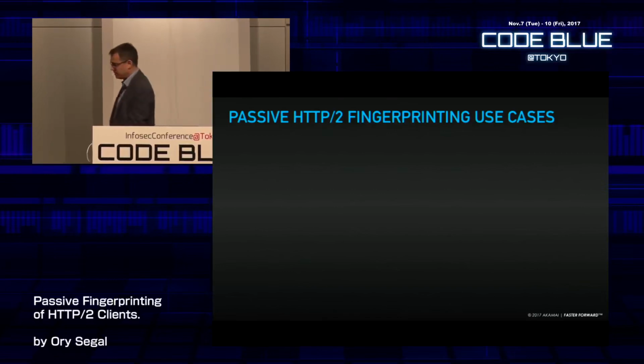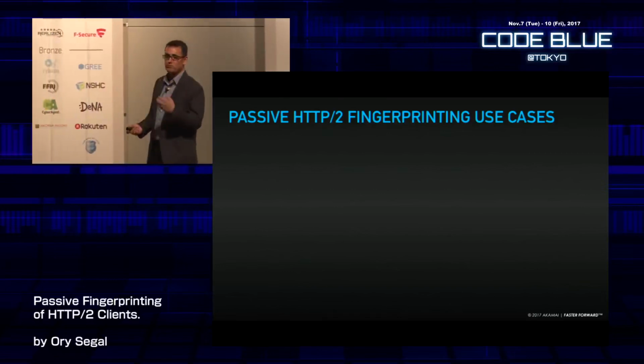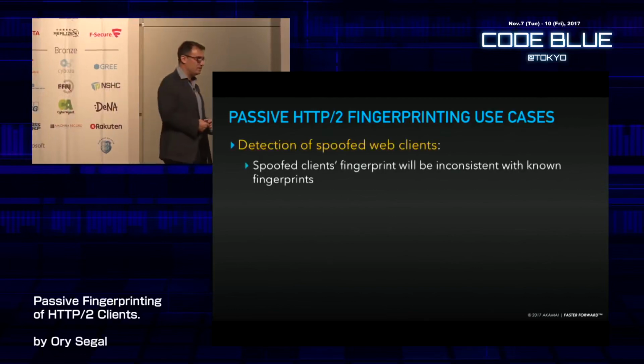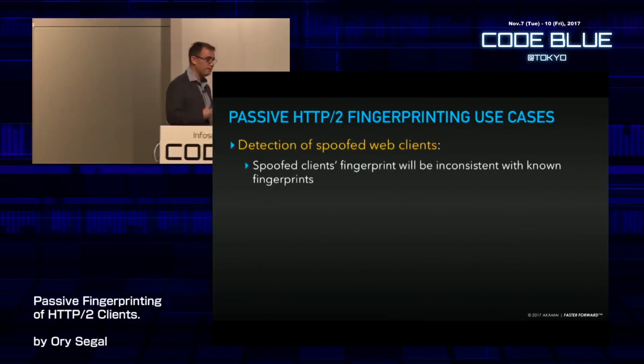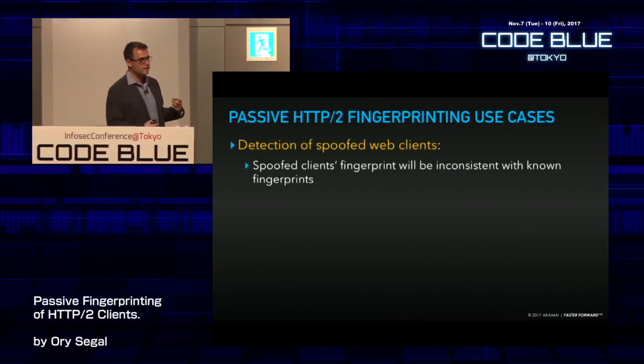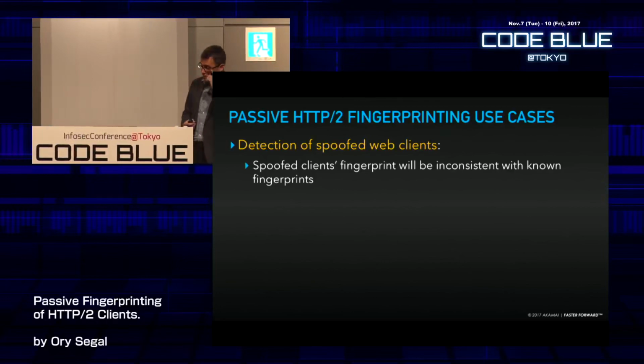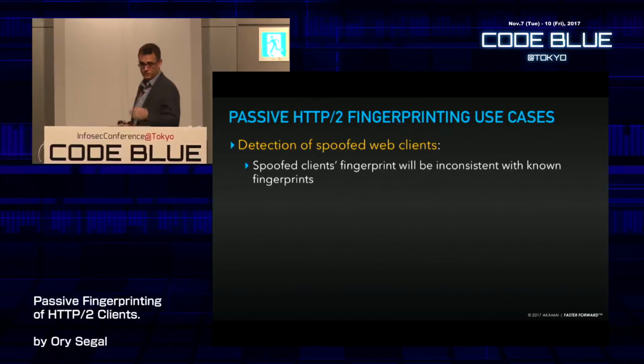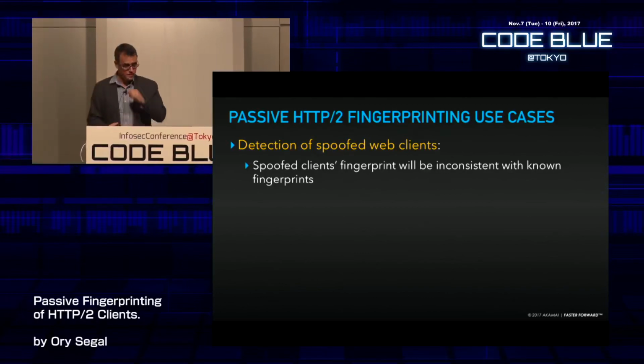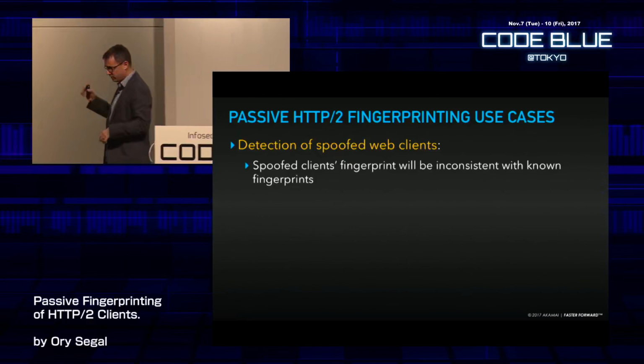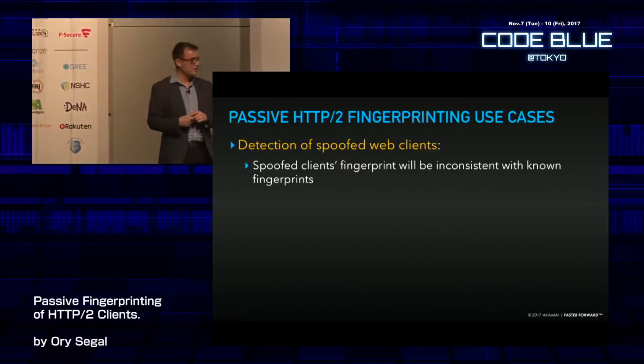So, what can we do with passive HTTP/2 fingerprinting? The first thing is we can detect clients that spoof the user agent, and that's very popular. A lot of attack tools, security tools, scrapers, bots, they spoof the user agent header.